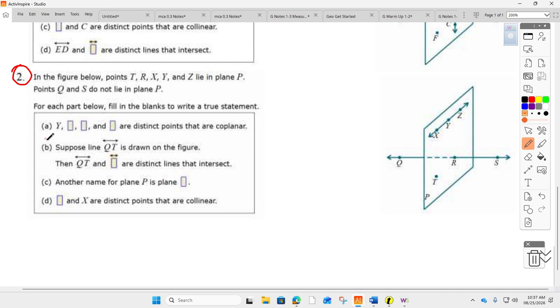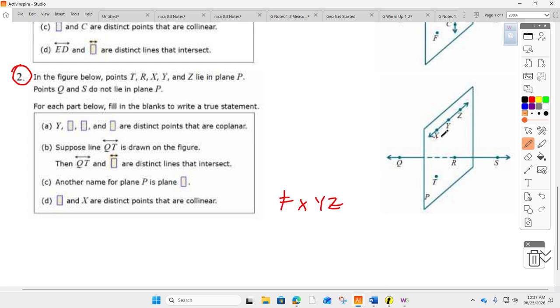So for A, it's going to be points X, Z, and T. For B, it's going to be line QT and line XZ intersect. We could also name that XY or YZ or reverse the order of those. For C, another plane for line P, there's going to be any 3 points, but remember, not XYZ.